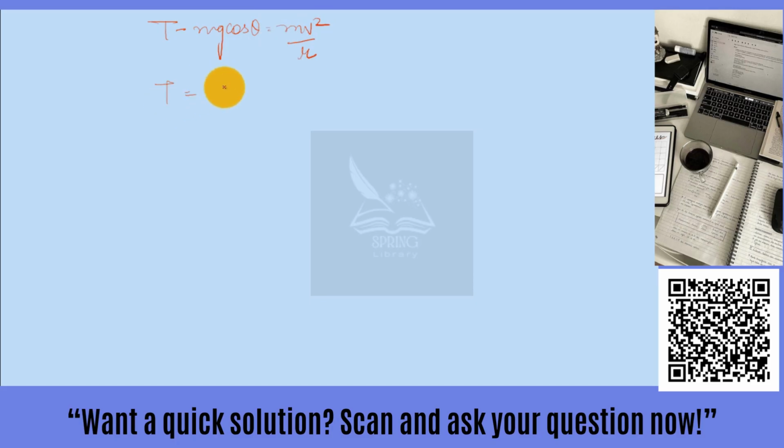Hence T is equal to mv square upon r plus mg cos of theta. Hence T is equal to m r square omega square upon r plus mg cos of theta, because we know that v is equal to r omega.